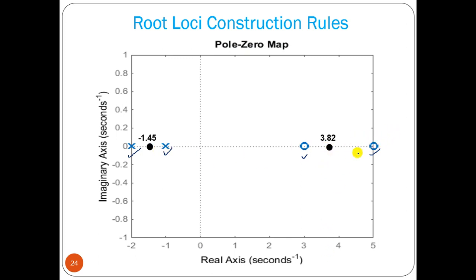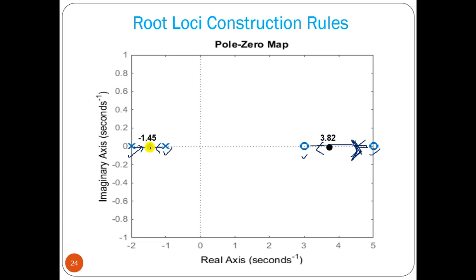If you look for the real axis segment, this is the real axis segment. Sorry, the direction should be opposite. It enters into the zero. Here we don't have any, because we have two zeros. And if we look from here, we can see 3, so here we have a real axis segment, and after 5, nothing.